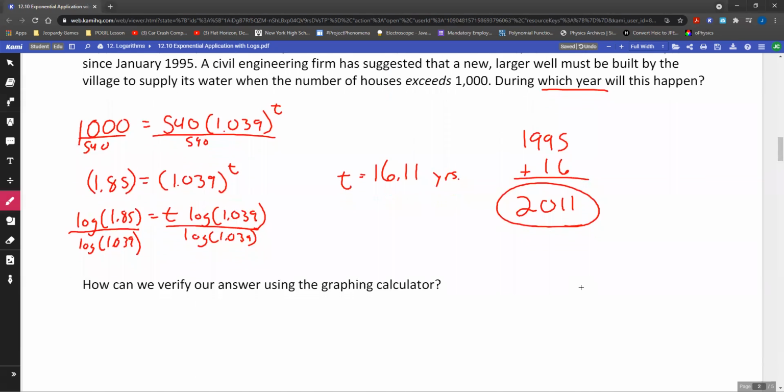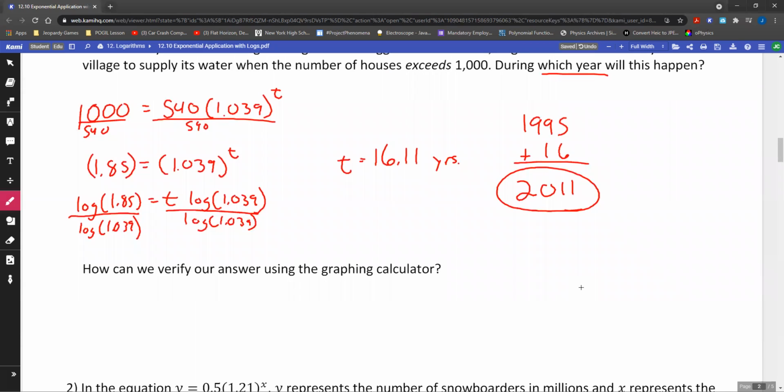Now down here, it says, how can we verify using the graphing calculator? Well, one way that we could do this is set y1 equal to 540 times 1.039 to the x. Set another equation to be y equals 1,000.